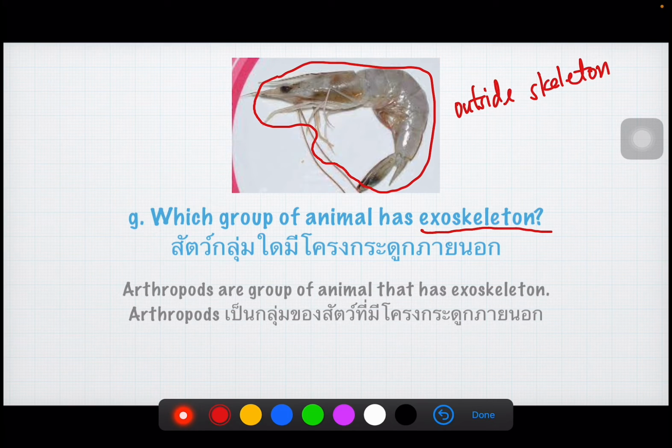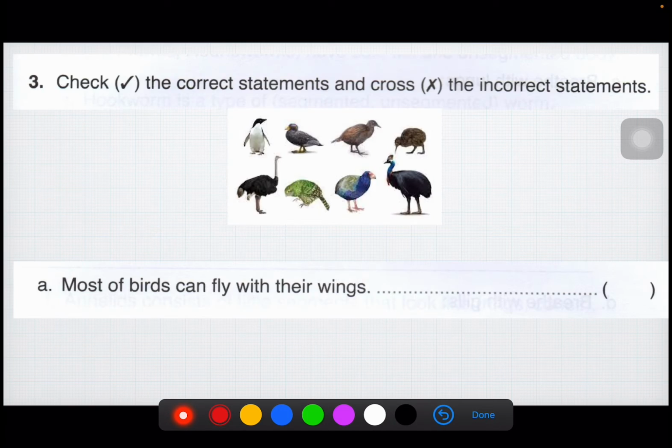Okay, next we have here: check the correct statements and cross out the incorrect statements. In this picture, there are examples of birds.